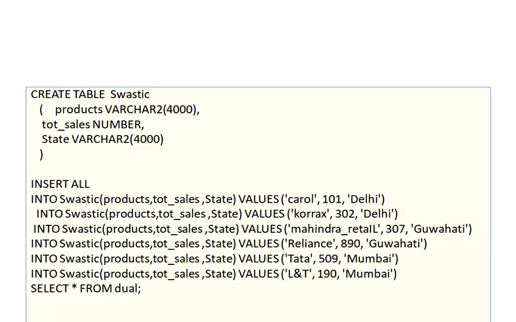I'm inserting a few tuples into this table using the INSERT ALL statement: INSERT ALL INTO swastik, then the column names and values. You can take a screenshot of this. Then the last line, obviously, is SELECT * FROM dual. So these values will be inserted, and you will get a message after successfully inserting.